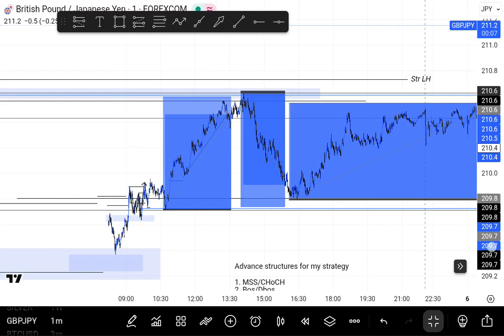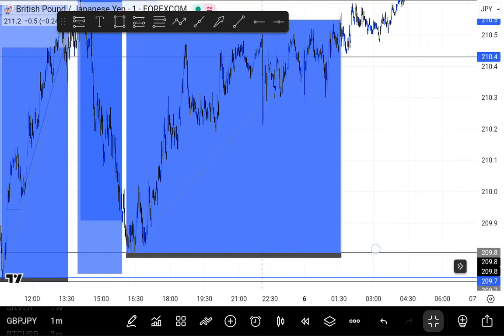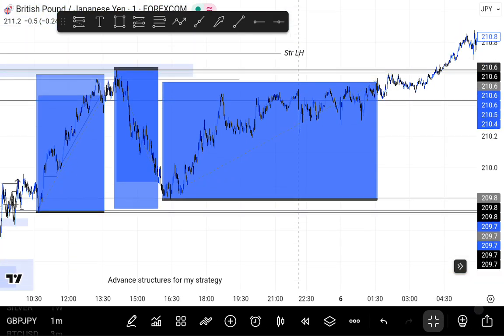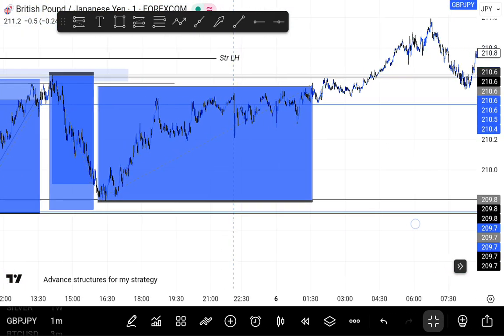So I put the 3 trades in one day. Same model: the first buy, the sell, and the third buy. 3 trades in one day.